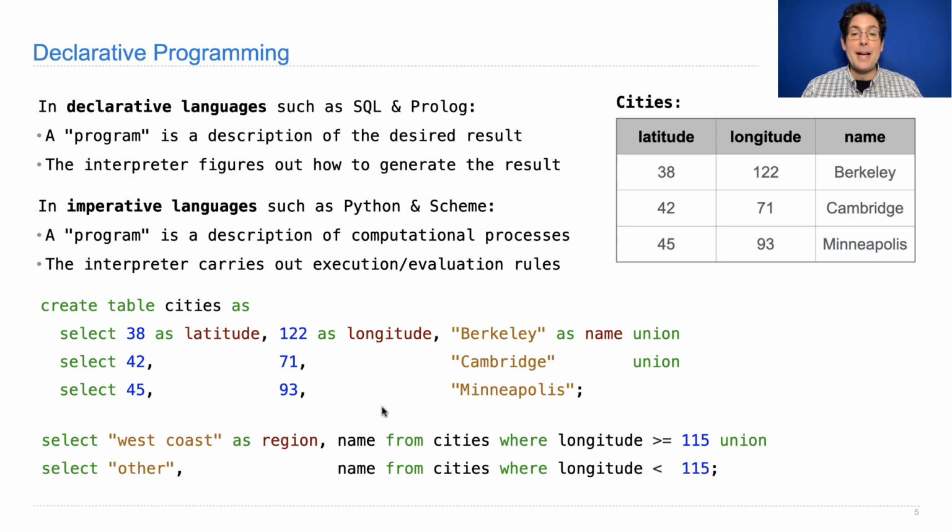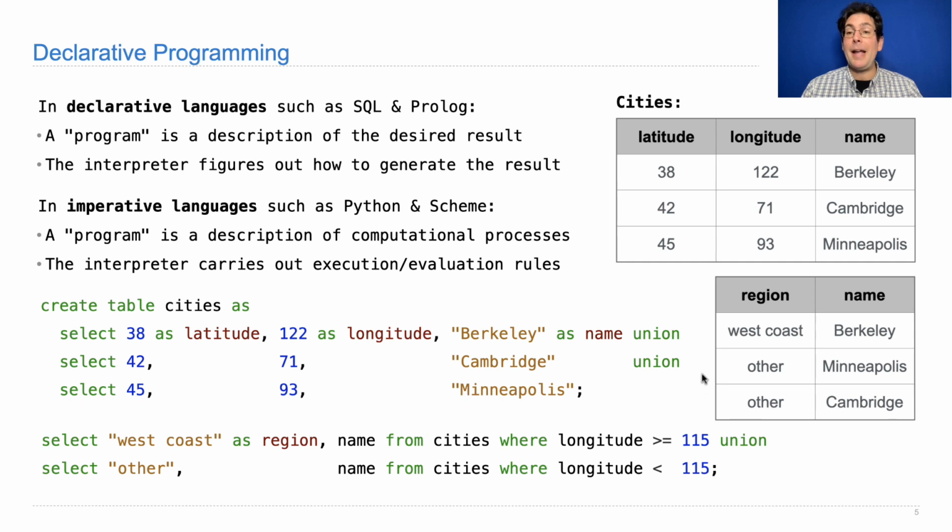And name actually refers to this name. If I union that with a table full of all the other rows, the ones with a lower longitude, I end up with a table that has a region column, a name column, and tells us which are on the west coast. And by the way, this is the Massachusetts Cambridge, not the England Cambridge. You can tell by the latitude and longitude.